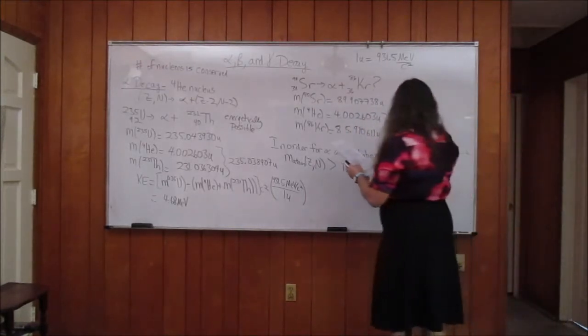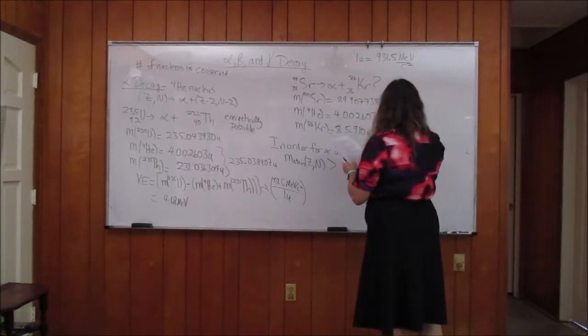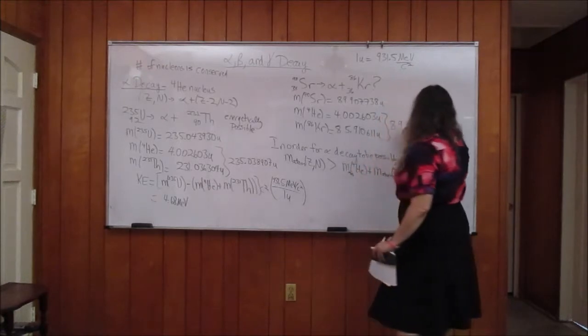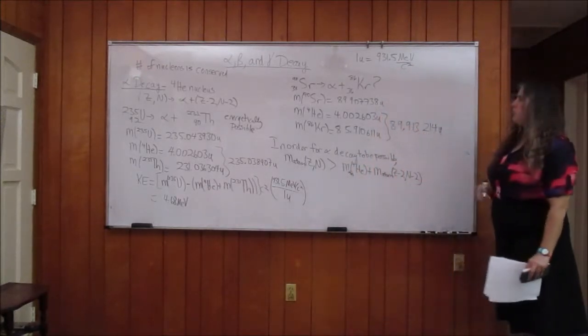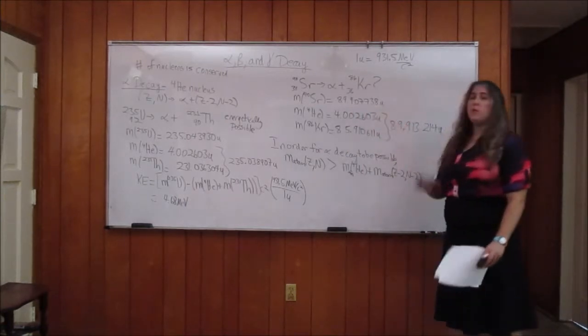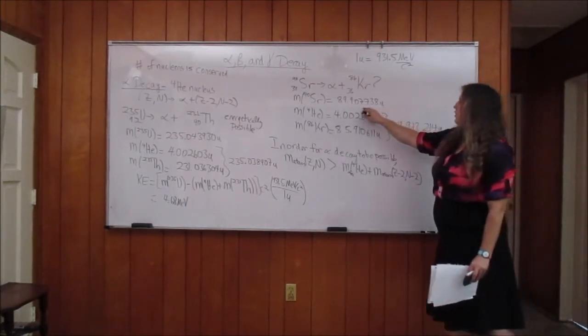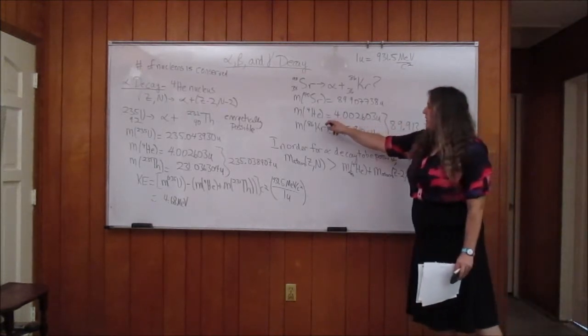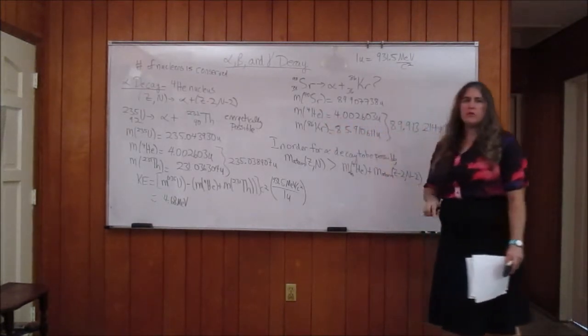krypton-86 atom is equal to 89.913214 atomic mass units. So clearly, the mass of the potential parent nucleus, strontium-90, is less than the sum of the mass of the helium atom and the krypton-86 atom.